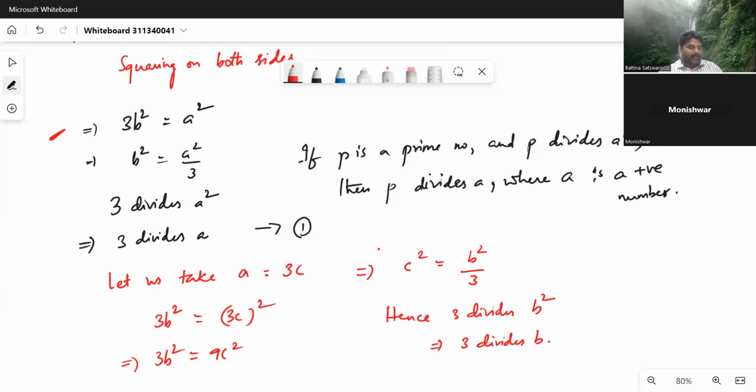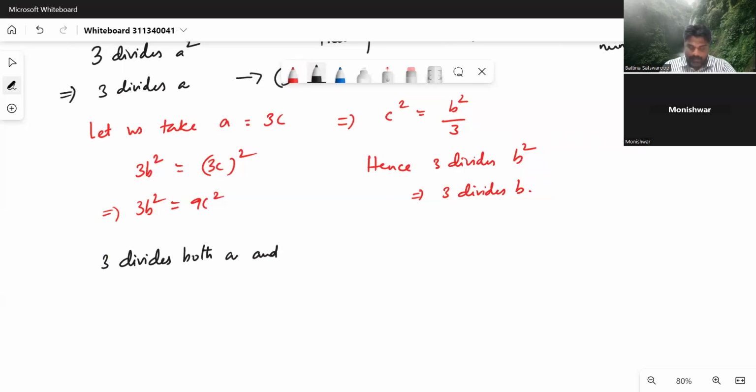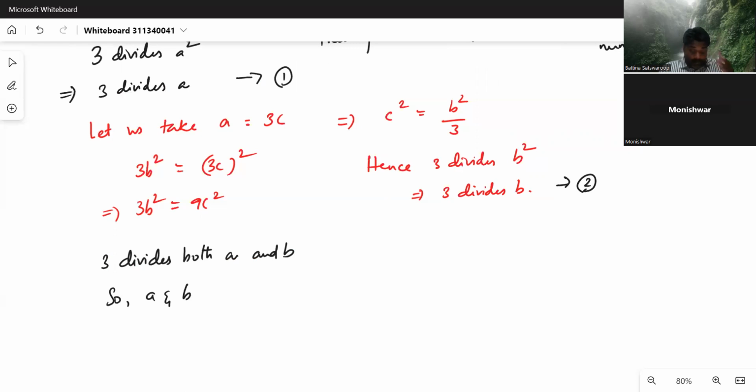So now what happened? 3 divides both a and b. Is observation 2. Okay. So a and b have a factor 3.